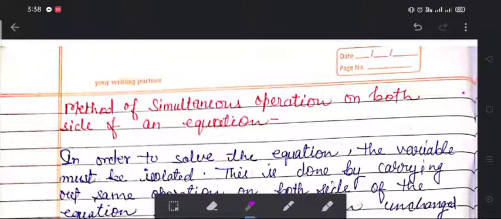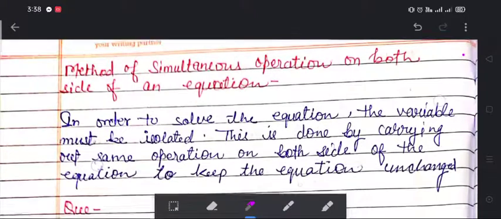We use this method in order to separate the variable of the given equation using the same operation on both sides, which keeps the value of the equation unchanged.